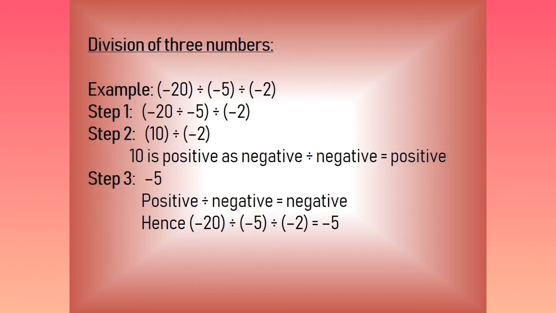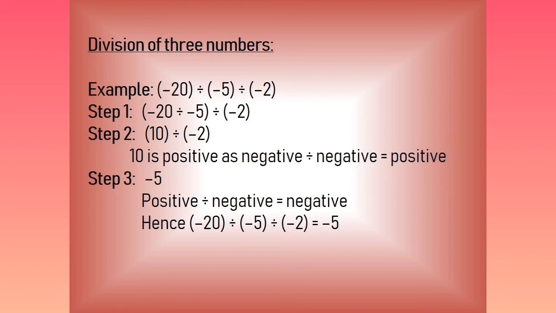Division of three numbers. Example, when three integers are given, that is, -20 ÷ -5 ÷ -2, we follow these steps. Step 1: Divide first the two integers, that is, -20 ÷ -5.